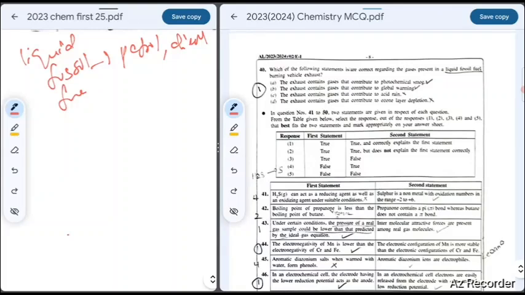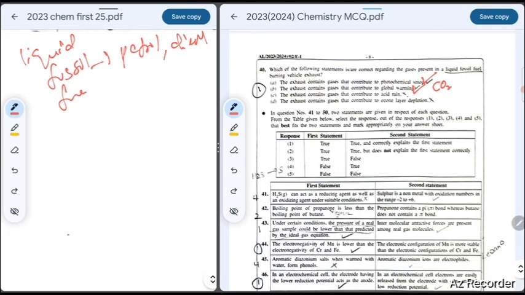Therefore, the exhaust of liquid fossil fuel burning contains gases that contribute to photochemical smoke. That is correct. Exhaust contains gases that contribute to global warming. Very correct, because it has gases like carbon dioxide which contributes to global warming.